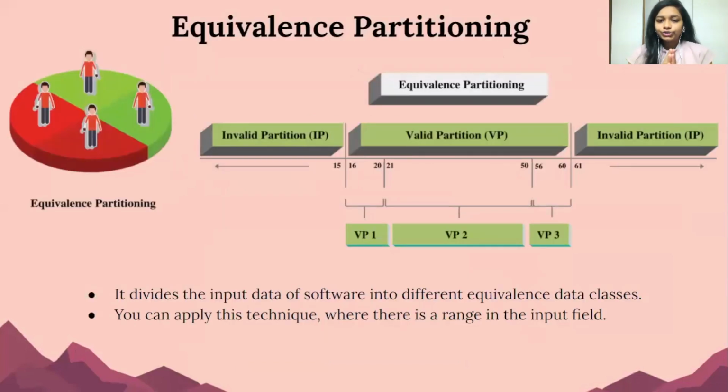We divide each class into an invalid partition and a valid partition, and we check one or a few values in each partition. We take a few valid partition inputs and a few invalid partition inputs, so that we cover every partition and ensure the quality.